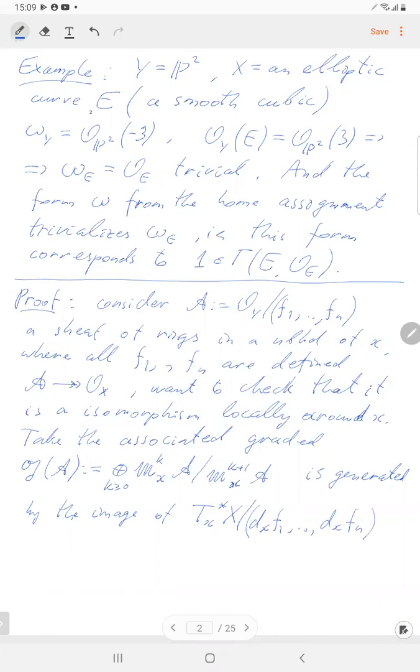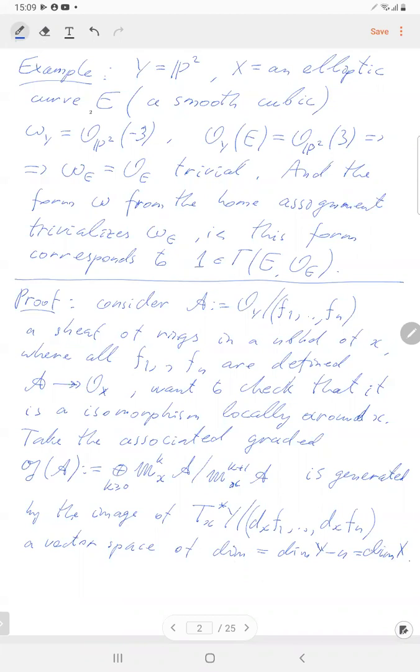And this is just a vector space of dimension, oh sorry, it was not x here, I'm sorry, but y. So the functions are on the big ambient variety y. The dimension is the dimension of y minus n. This is just the dimension of x.